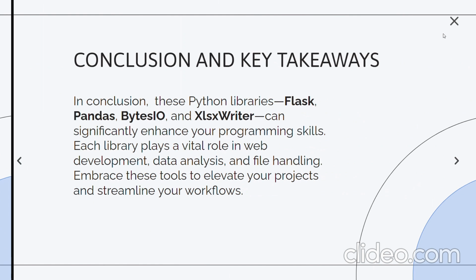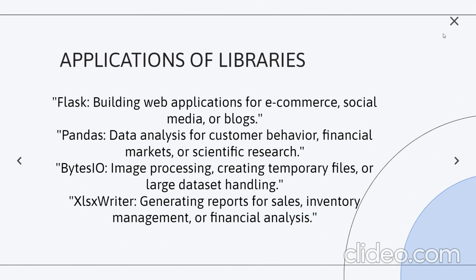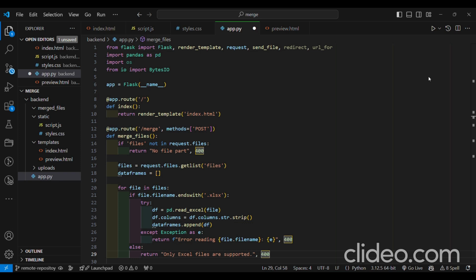So before I conclude this, what I want to show you is my project, which is built with these libraries that I previously discussed. It is basically a project on merging different Excel sheets into one. I built an attendance merger which will merge different subjects' attendance into a single sheet.